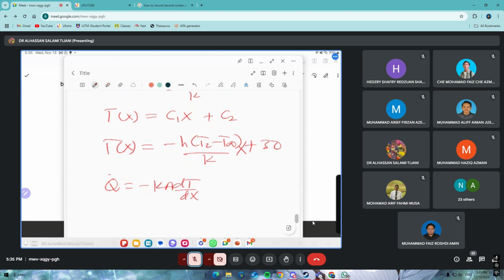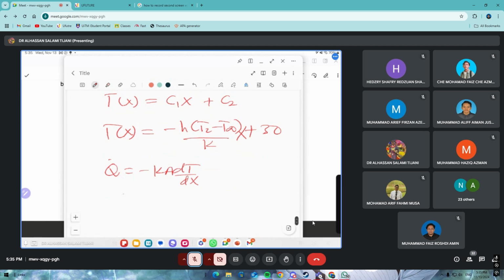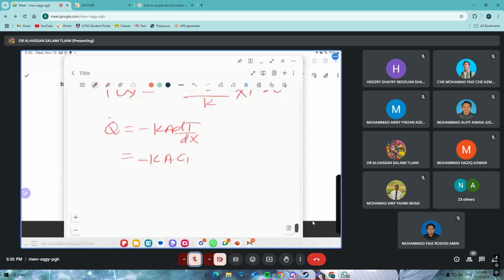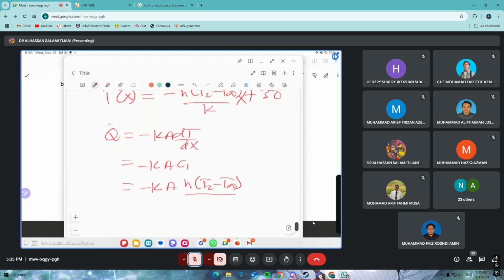And this will be equal to minus kA times C1. C1 we know to be equal to the whole of this. All right. So now this gives me minus kA times h times T2 minus T infinity divided by the thermal conductivity.